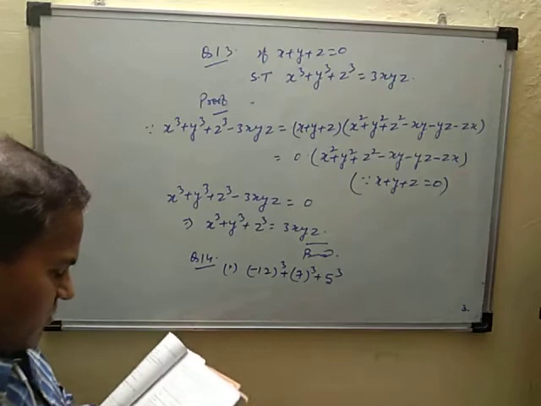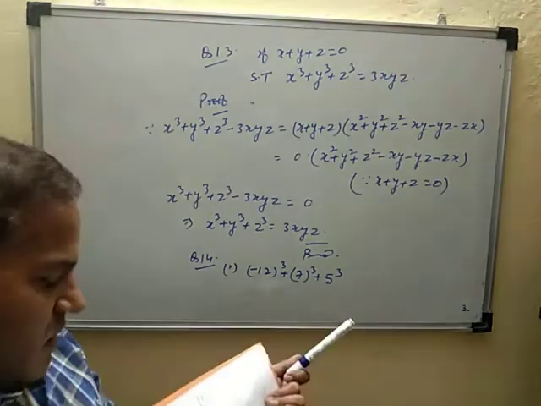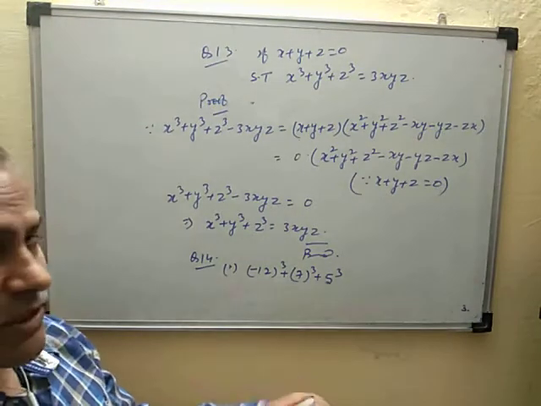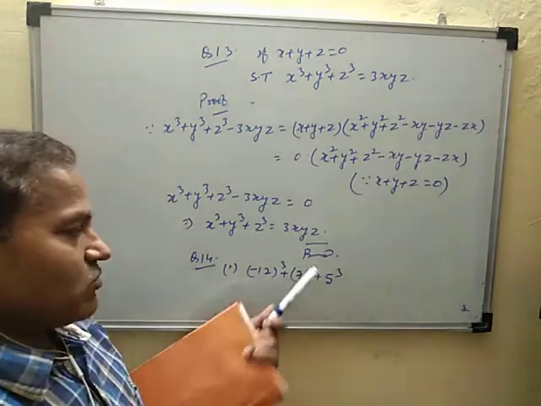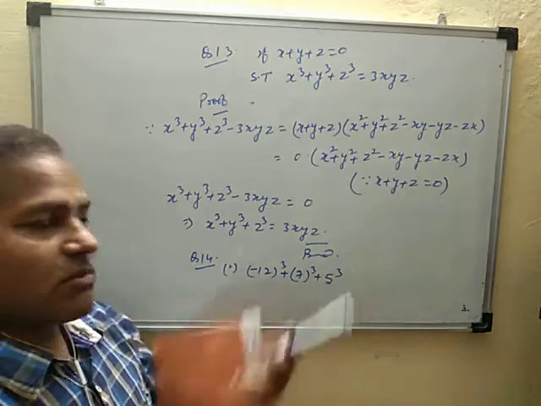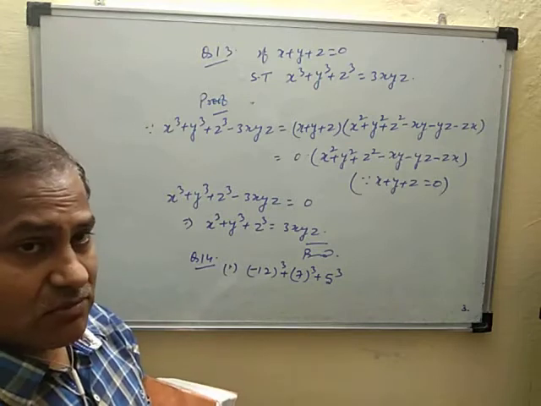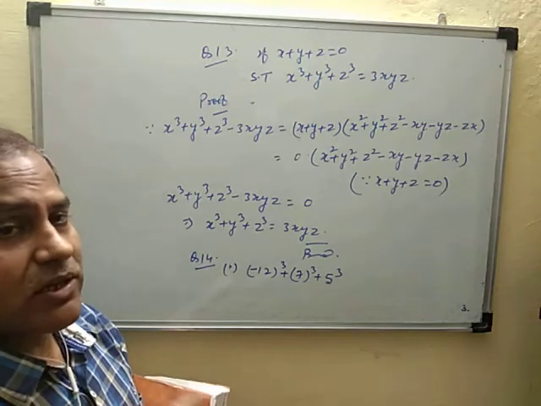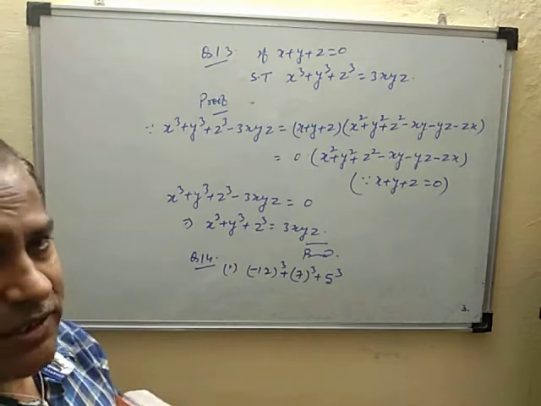Find the value of x cube plus y cube plus z cube. Without actually calculating, that is, you would not multiply minus 12 three times, 7 three times, 5 three times and simplify all three to get the answer, but without actually calculating, that is, use the identity.